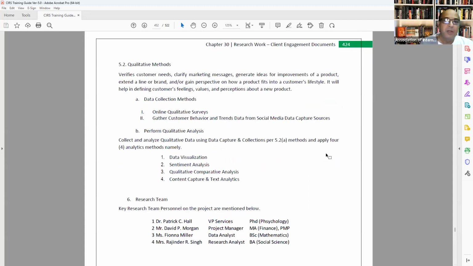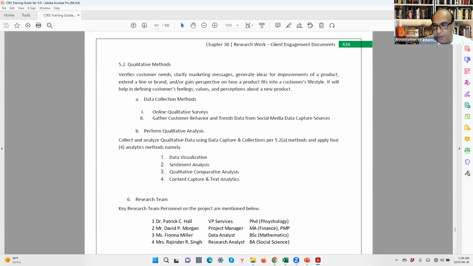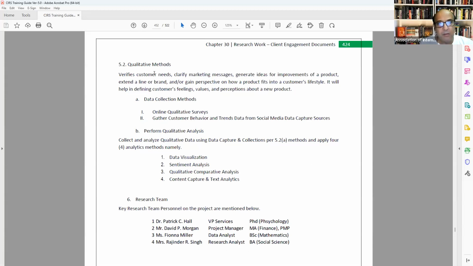Then in the qualitative side, for the data that's going to be qualitative in nature, the data collection method you will do is online qualitative surveys, gather customer behavior and trend data from social media data capture sources. So this is going to be your methods you're going to apply for qualitative analysis.